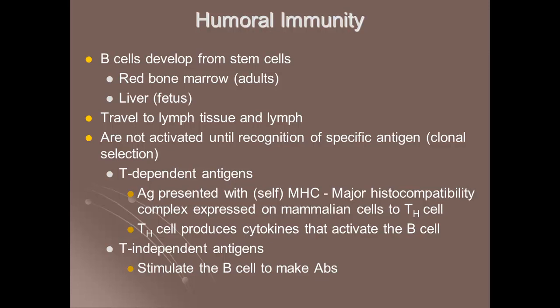MHC stands for major histocompatibility complex, that is expressed on mammalian cells to the T helper cell. The T helper cell then produces cytokines that activate the B cell. The second type is the T-independent antigens, and that stimulates the B cell to make antibodies.